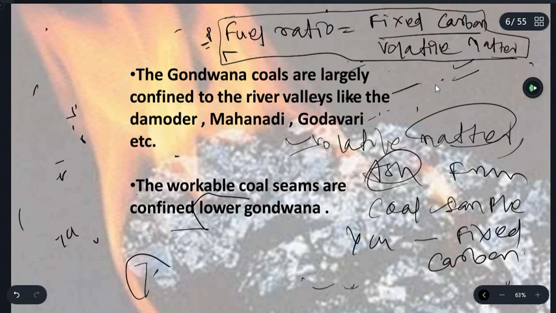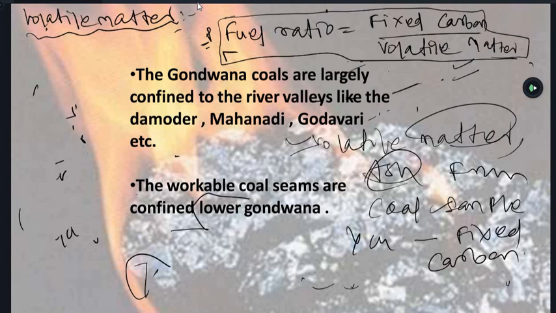What about the volatile matter? Volatile matter: H2O and other gases, sulfur. Any other answer? Carbon monoxide. Any other answer? Diksha, what do you mean by volatile matter? On heating, the gases that come out, they leave as gas, that is volatile matter.